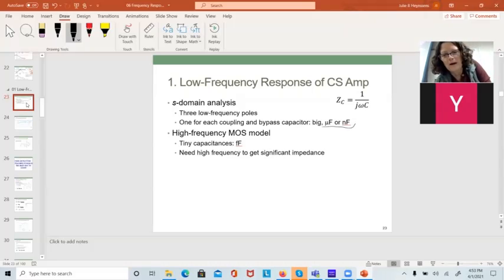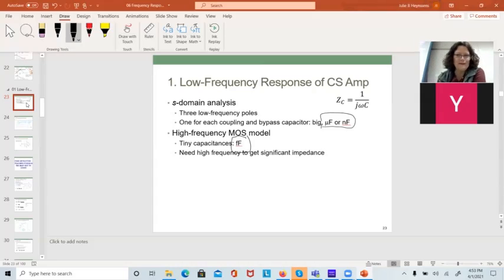These are big capacitors, microfarads, nanofarads, and they're going to cause the low frequency roll off. In the next class on Tuesday, we're going to look at the high frequency roll off. This looks like a low pass filter. These are tiny capacitors, like femtofarads, and they cause the gain to roll off at high frequencies.